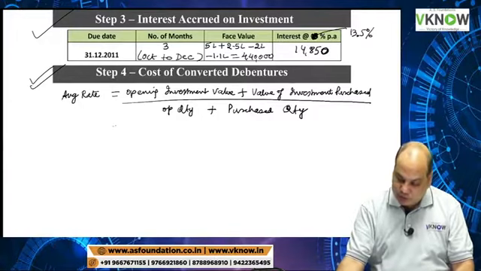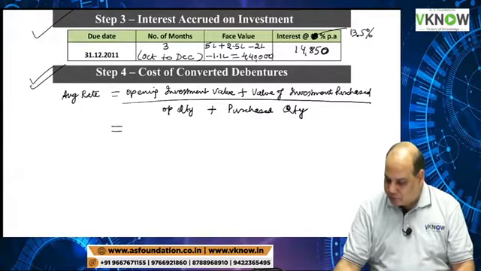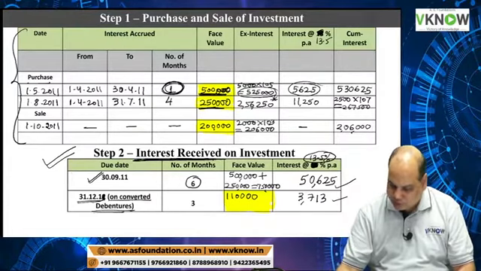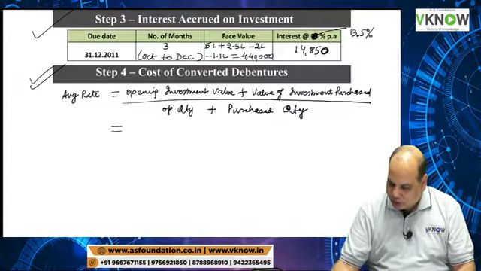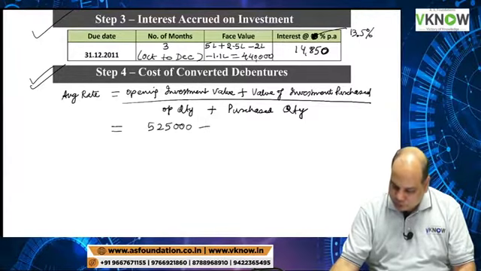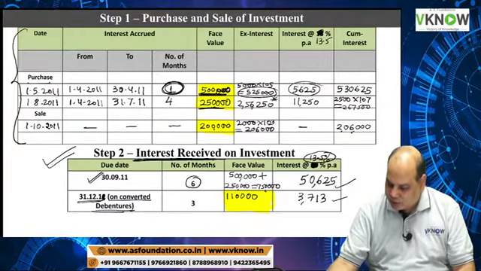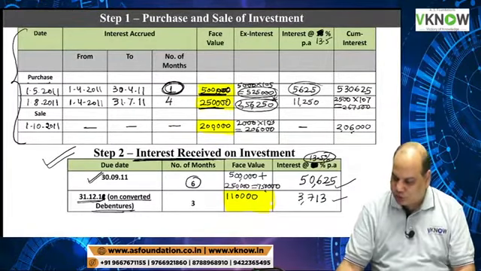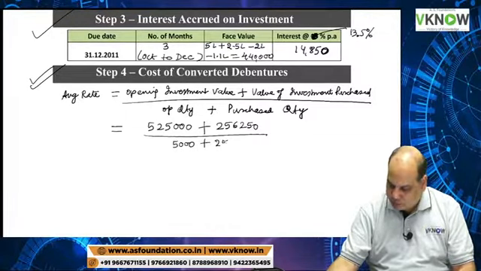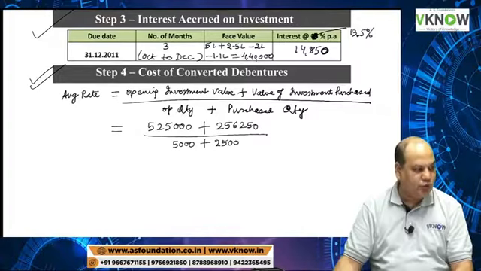Opening investment value, we will take this figure 5,25,000. 5,25,000 we already had, plus you purchased this one, 256,250, divided by opening quantity 5,000 plus new quantity purchased 2500.